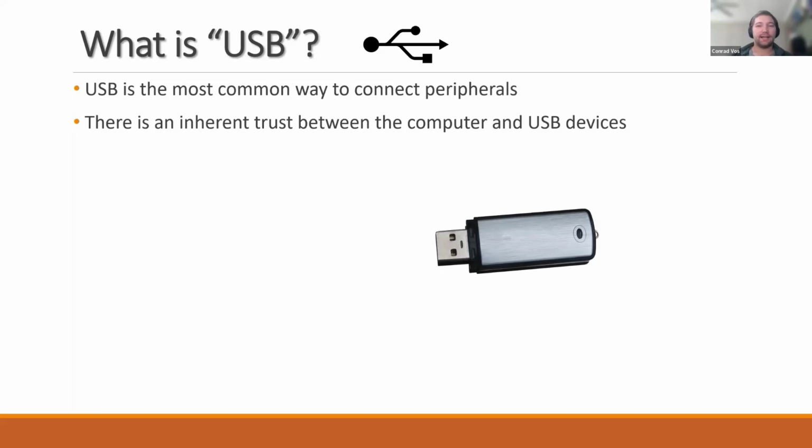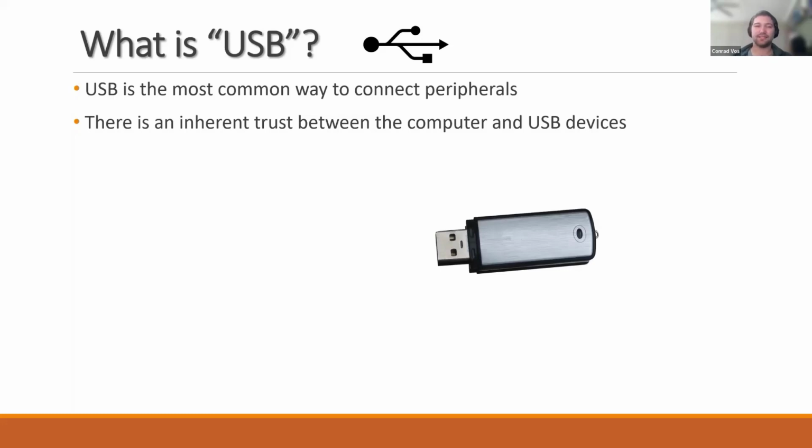It will say, I am a USB keyboard, or I am a USB mouse, or a flash drive, or whatever. The computer will then say, okay, you are a keyboard. Here you go. I'm giving you all of the drivers you need to function, and that I need to interpret the data that you're sending to me.